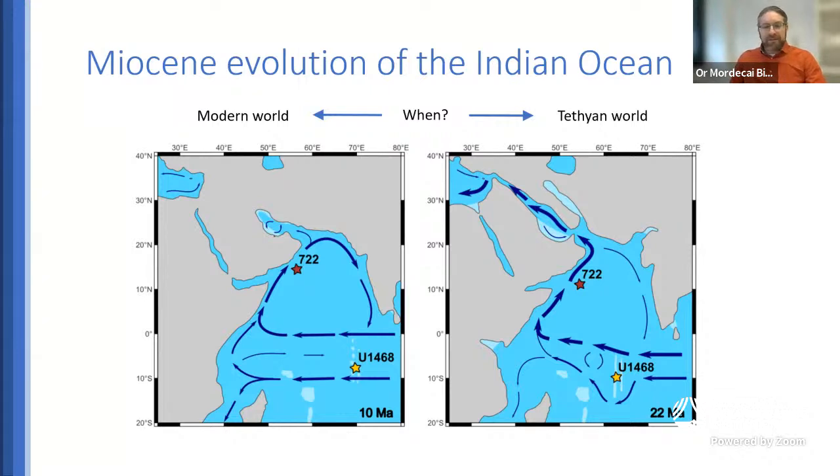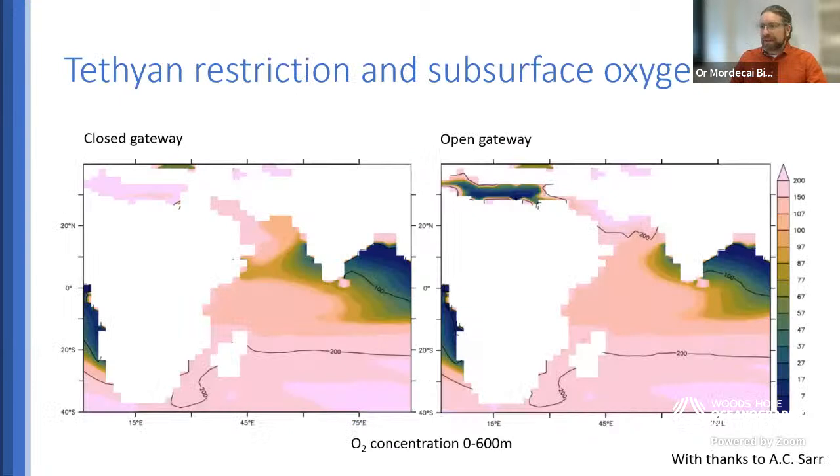And not only that, it also shifts the way and intensity of the currents. And on top of it, also how we mobilize nutrients. And Anta Kari Sar was very kind to provide me with some model simulations of that. And we can see on the right side, a model output of oxygen concentration in the top 600 meters with an open gateway, and on the left side with a closed gateway.